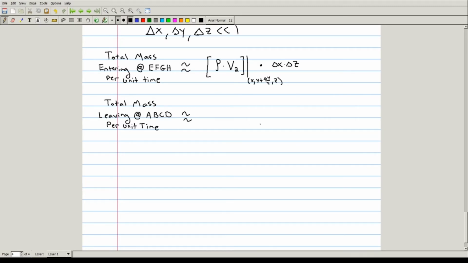And this is going to be approximately equal to rho V2 at this value, the total amount of mass entering, plus the change with respect to y in this rho V2.